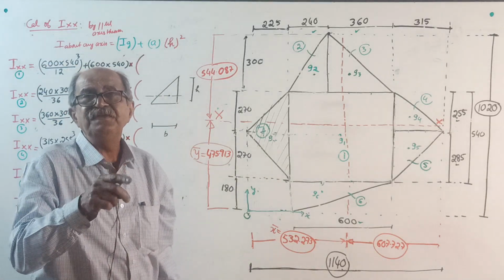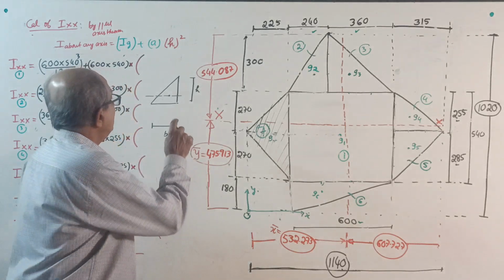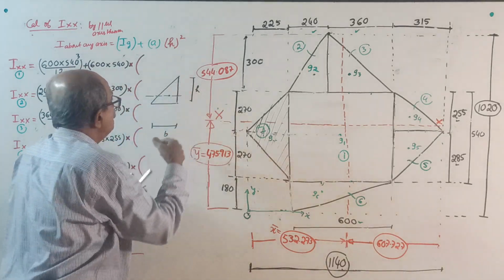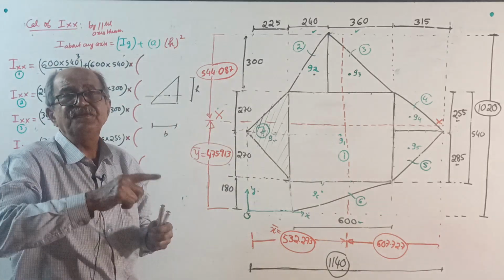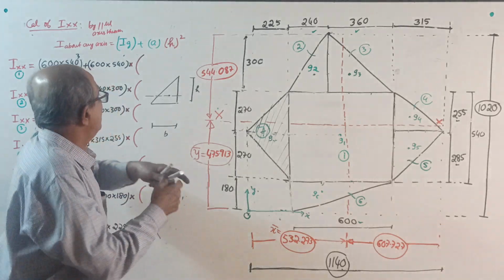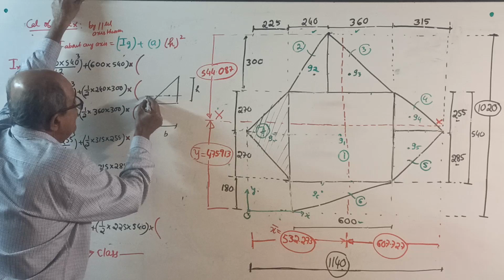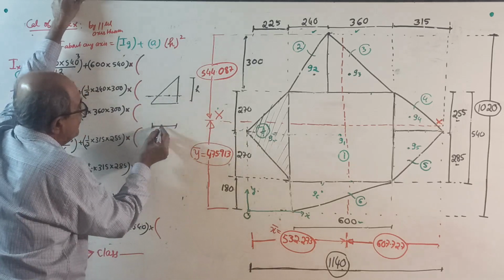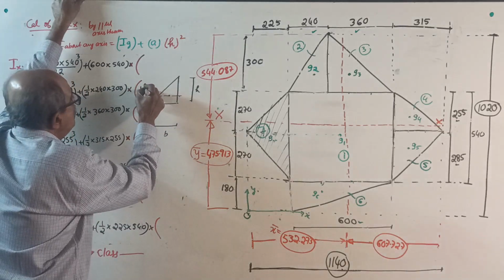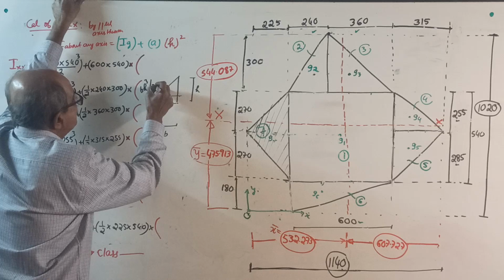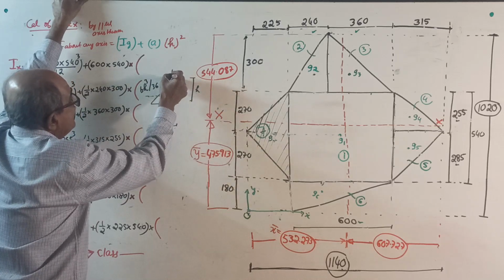If the base is at the edge, then 1/3, 2/3 is known for you. Moment of inertia: whenever the base is at the edge, then I about this axis, parallel to the base, is B into H cube by 36. And this is another centroidal axis.